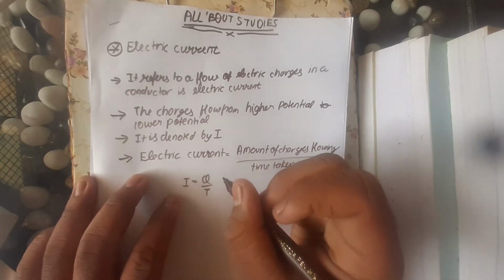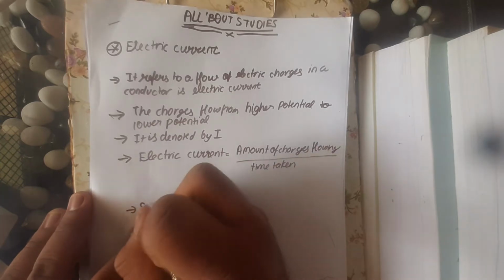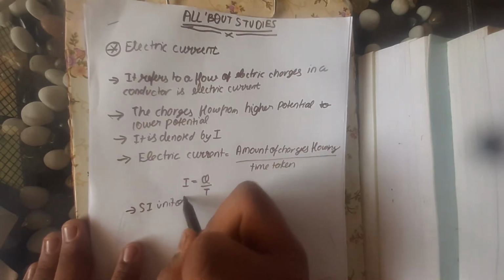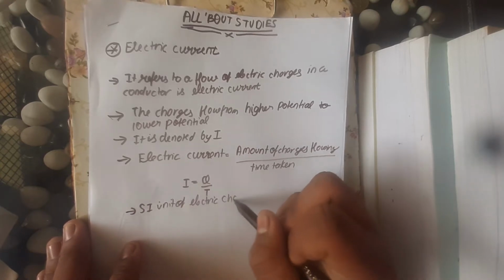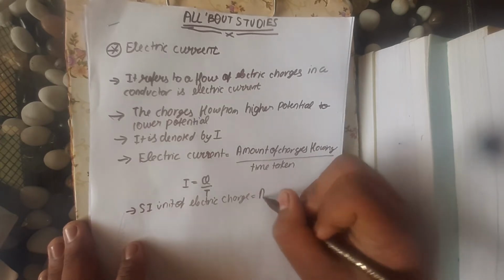So what is the SI unit of electric current? Let me write it for you. The SI unit of electric current is ampere.